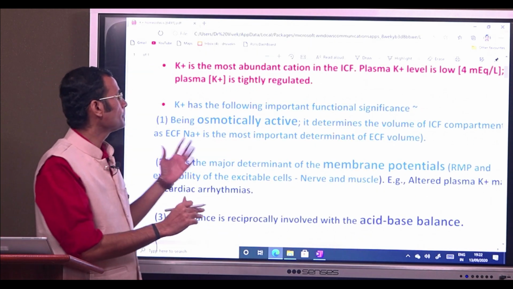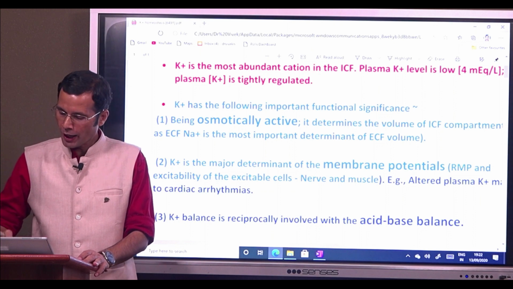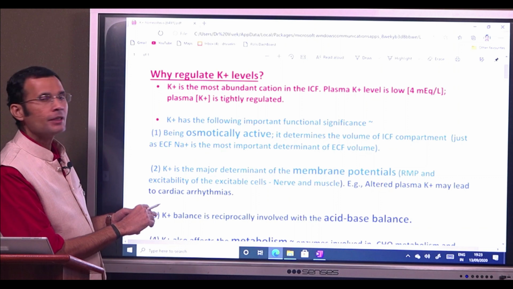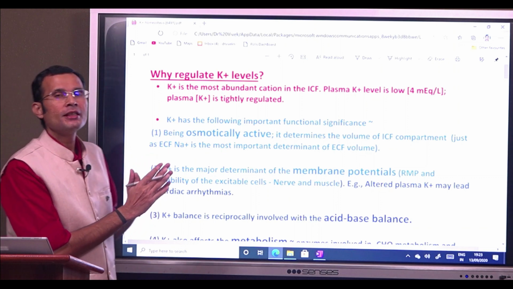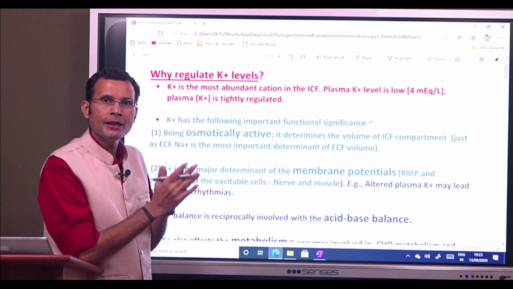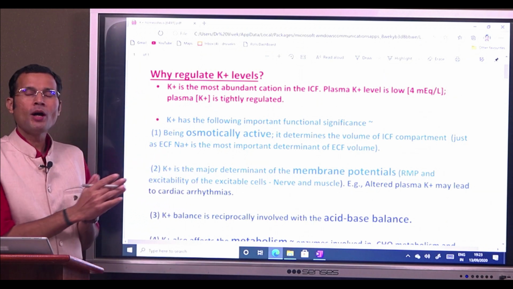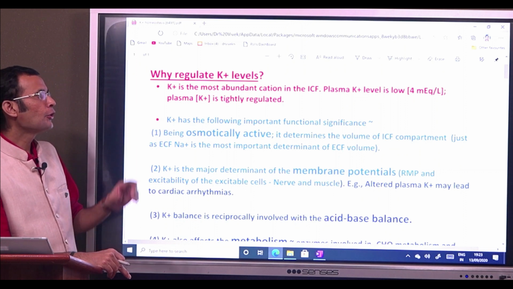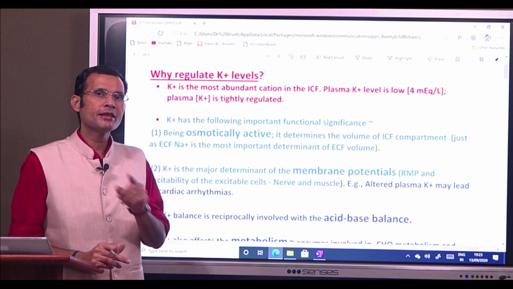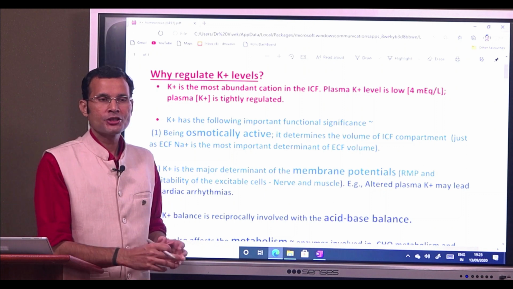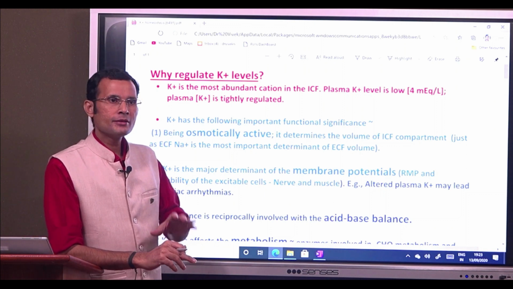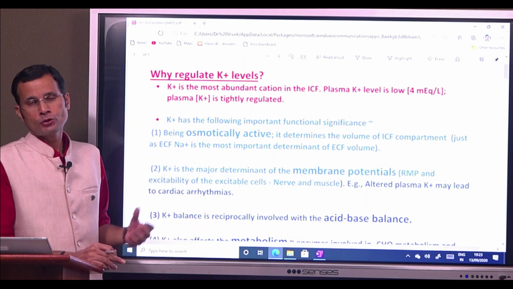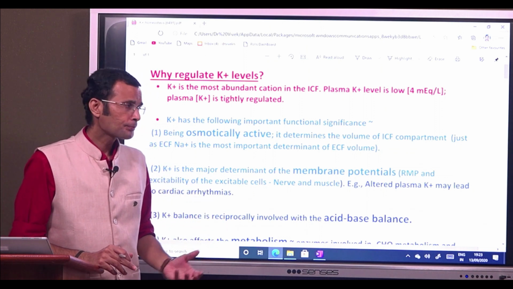The second point, why do we need this regulation of potassium, is these are the important functional implications of potassium. Number one, potassium is osmotically active and it's going to determine the volume of the ICF compartment. I mentioned just now that potassium is the major cation in the ICF and it's also osmotically active.